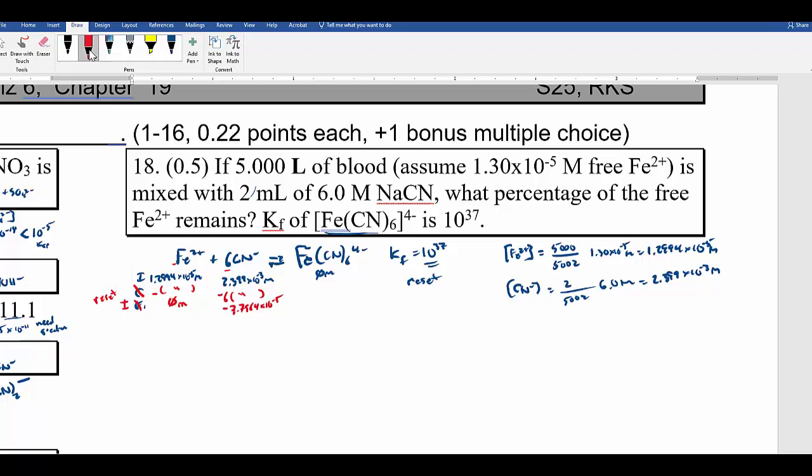And so my new initial conditions, let's go ahead and do that. Bring this down here. Look at this extra line here. So my new initial conditions will be minus 2.